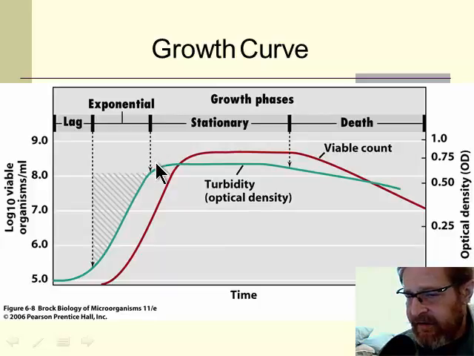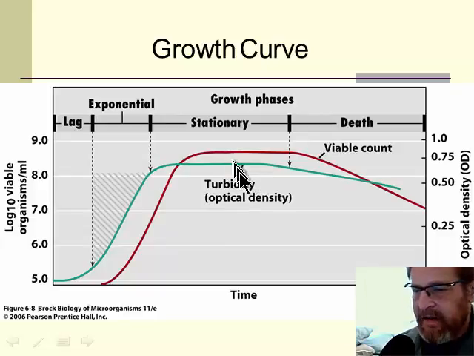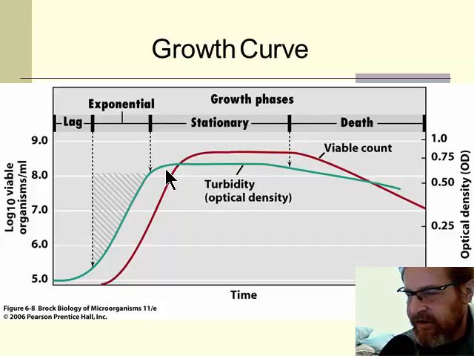Then in the stationary phase, the cell number remains constant. And this is a kind of exciting stage I'll say in just a minute. And then finally, we have the death phase.